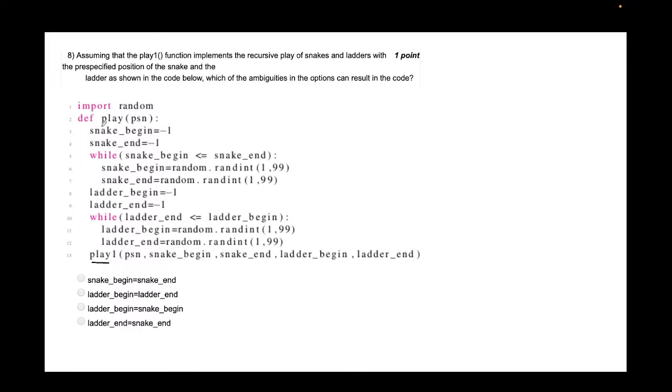So the definition goes like this. The end and beginning positions of the snake are randomly initialized. That's what is happening here in this for loop, and similarly the ladder positions are updated here.